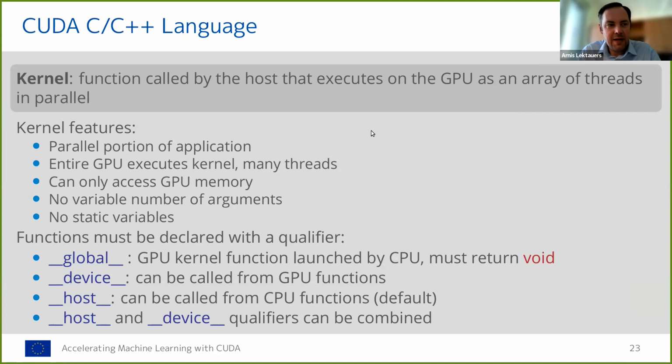When we look at the hardware side, the hardware component for execution of threads is the core. On the software side, the corresponding part is the kernel.